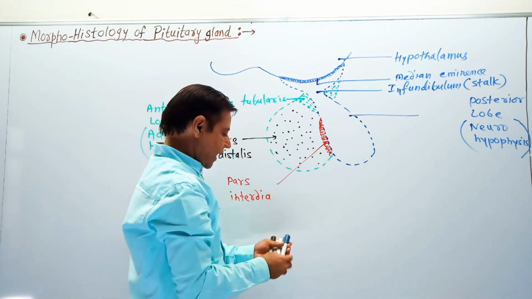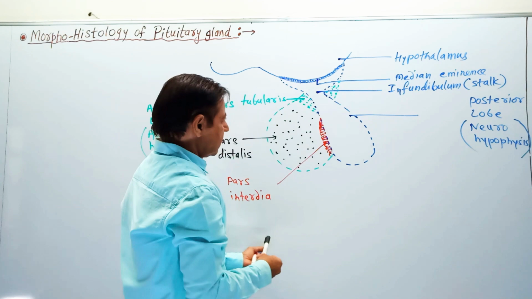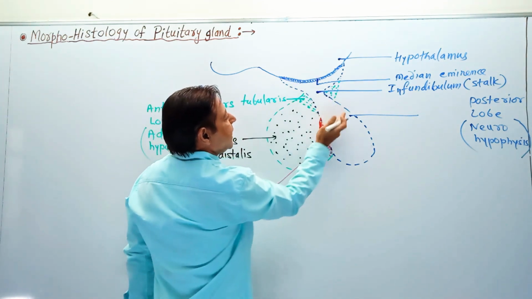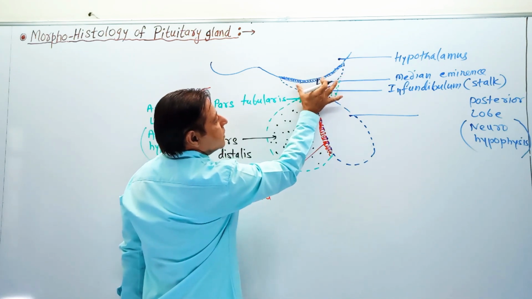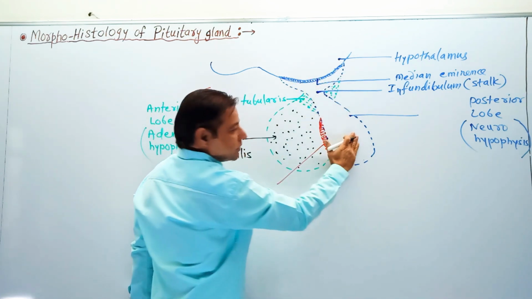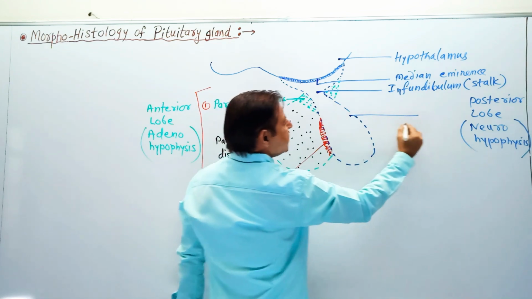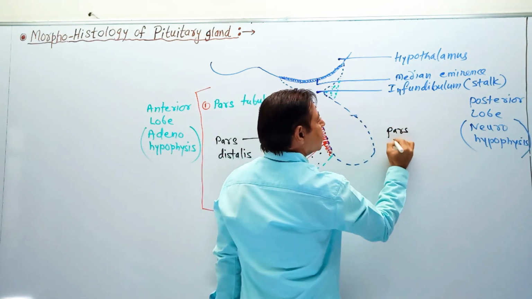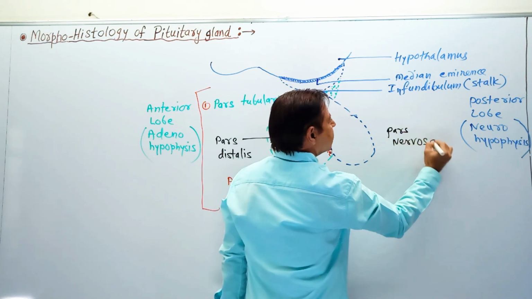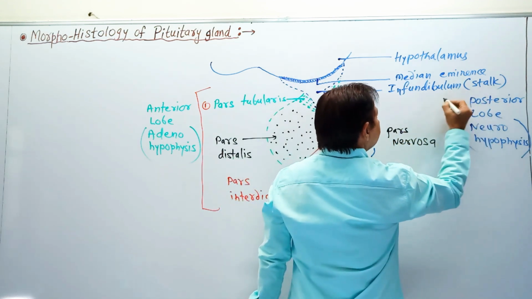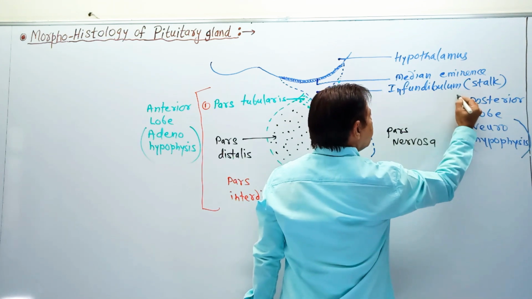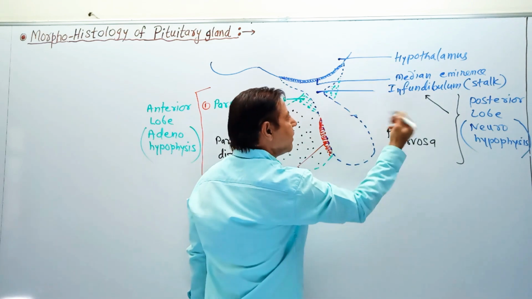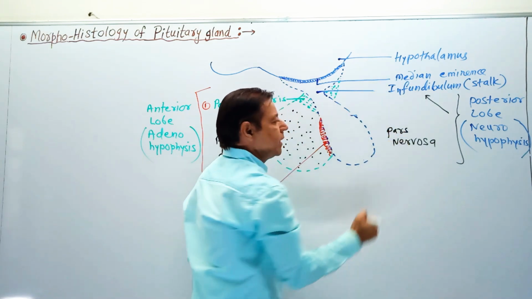And here we can separate this stalk-like part from this major part, and this major part is now called pars nervosa. Means in this way, posterior pituitary has two main portions, stalk and pars nervosa.